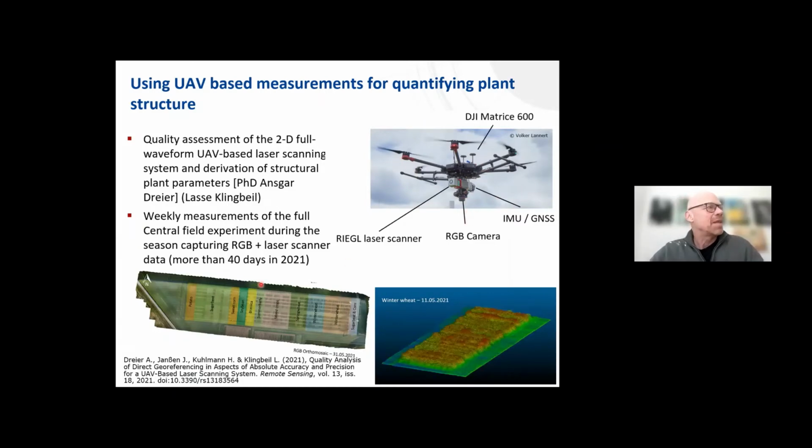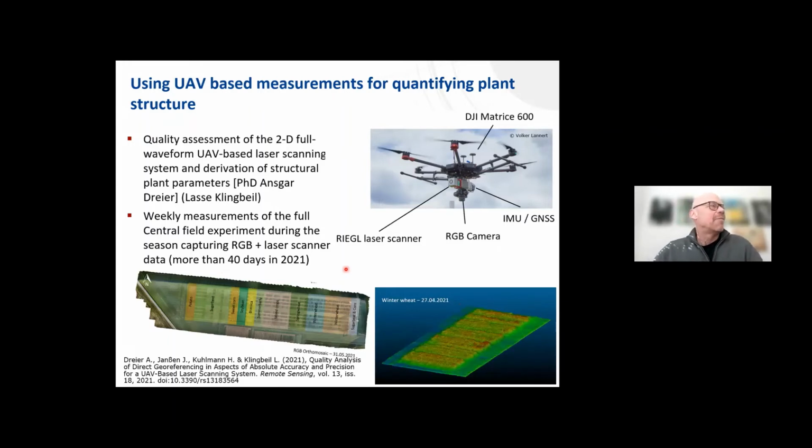And in the last vegetation period, he was able with this system to record an unprecedented high resolution 3D model of selected plots in our fields at Campus Klein-Altendorf. You see there an experimental small movie showing the growth of winter wheat during the vegetation period of 2021.